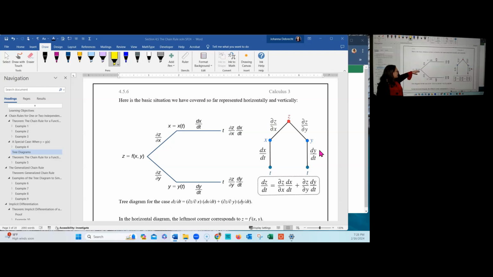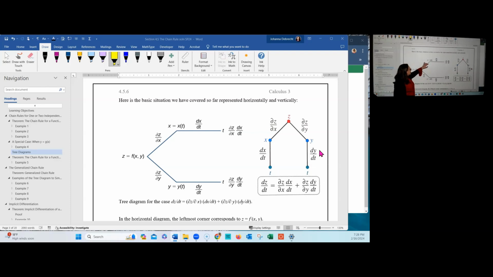This is z as a function of x and y. Because it's a function of 2 independent variables, we have 2 branches coming off of that node. One branch represents the partial of z with respect to x, so you label it that way. The other branch represents the partial of z with respect to y. Because there are 2 branches leaving this node, these must both be partial derivatives.